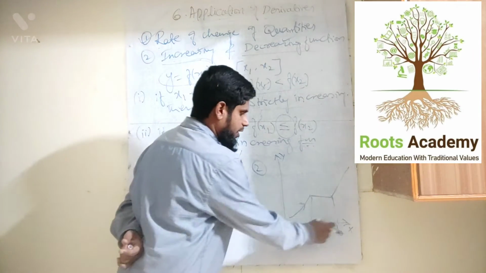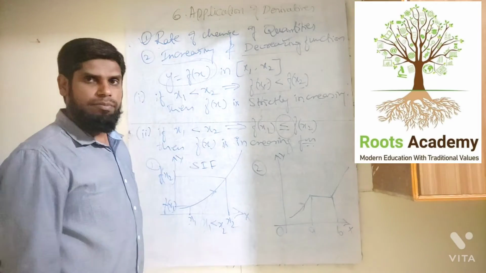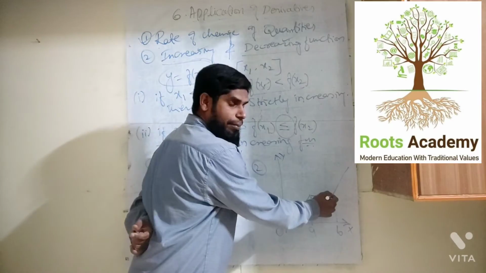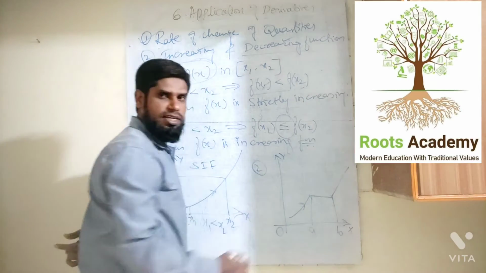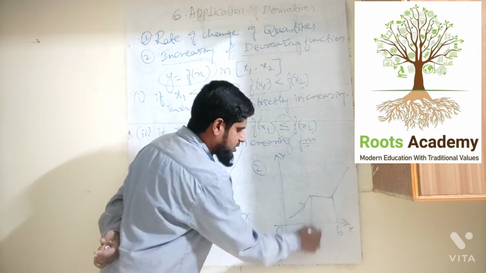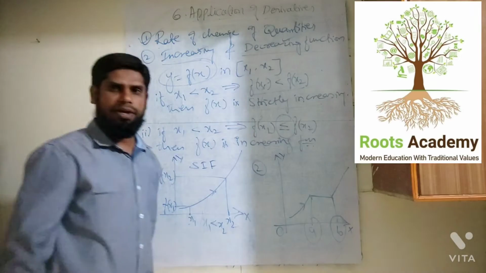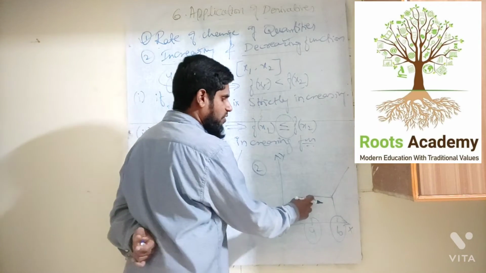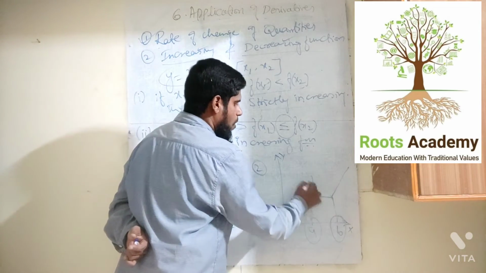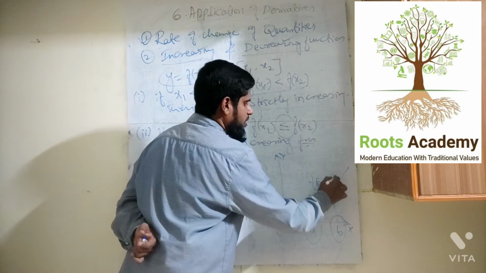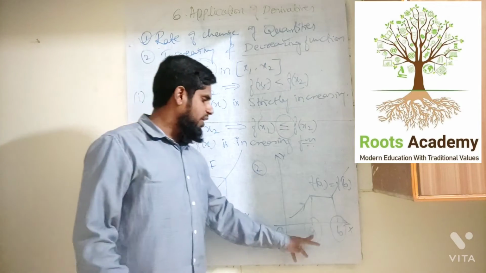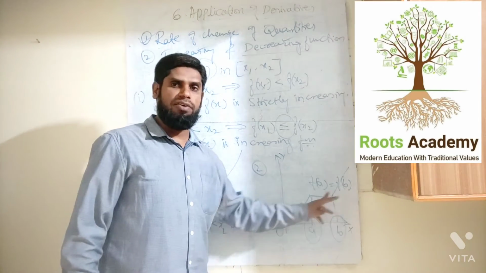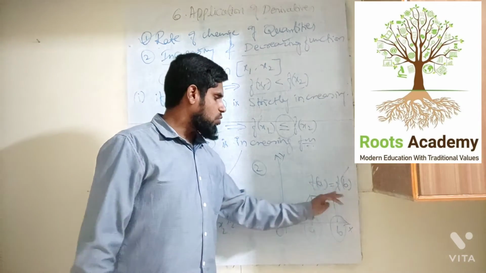After B, the function is again increasing, and before A, the function is increasing. But when I consider the interval A to B, f of A is equal to f of B. In the interval A to B, the function is a constant function, because there are no changes here.